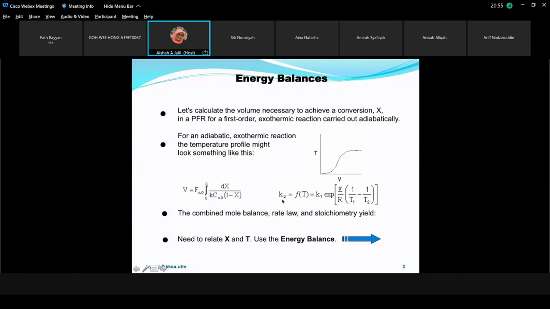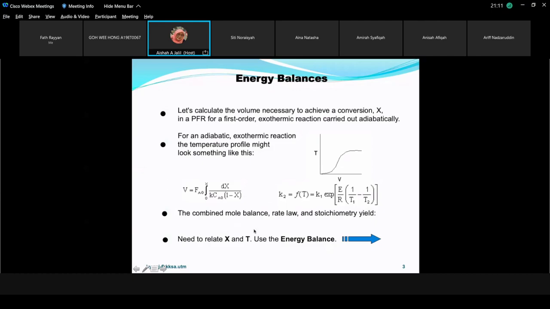This is to get k2. So the combined mole balance, rate law and stoichiometry yield next.